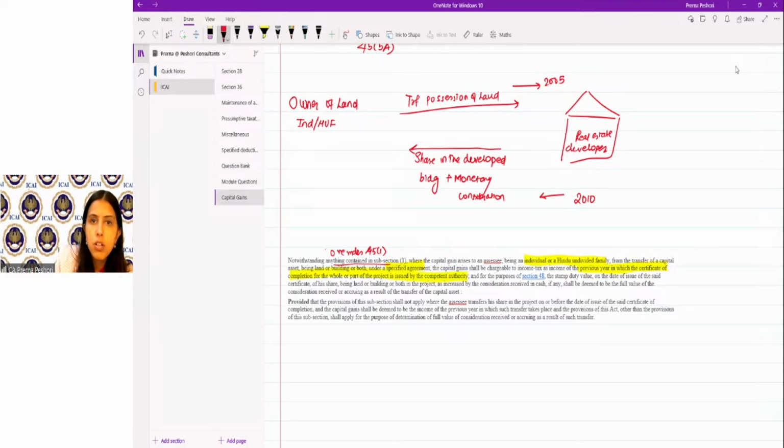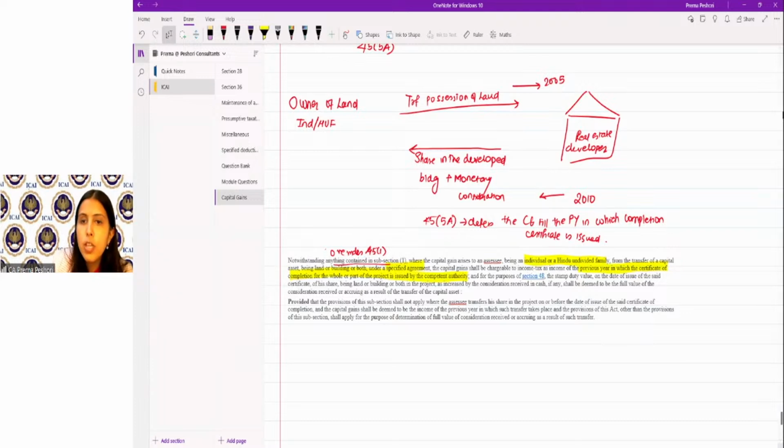So 45(5)(a) defers the capital gain till the previous year in which the completion certificate is issued. Are we clear?